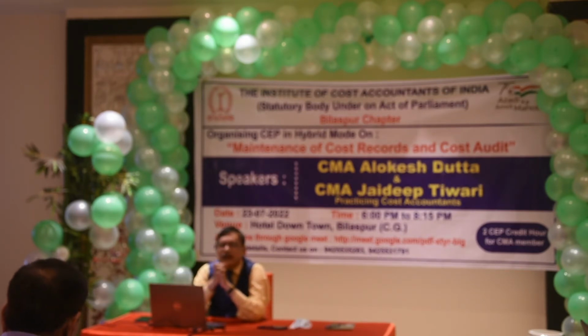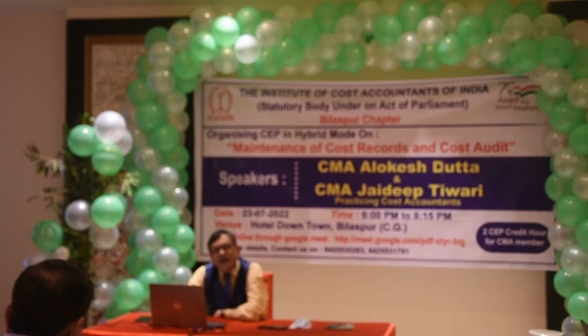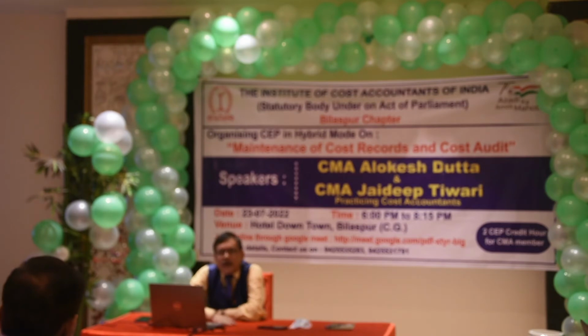Related party transactions should be reported here, and it should be as per the financial record reported by the financial audit. They are also giving the same data in their report. So when both reports are reporting on the NCA portal, both should match.